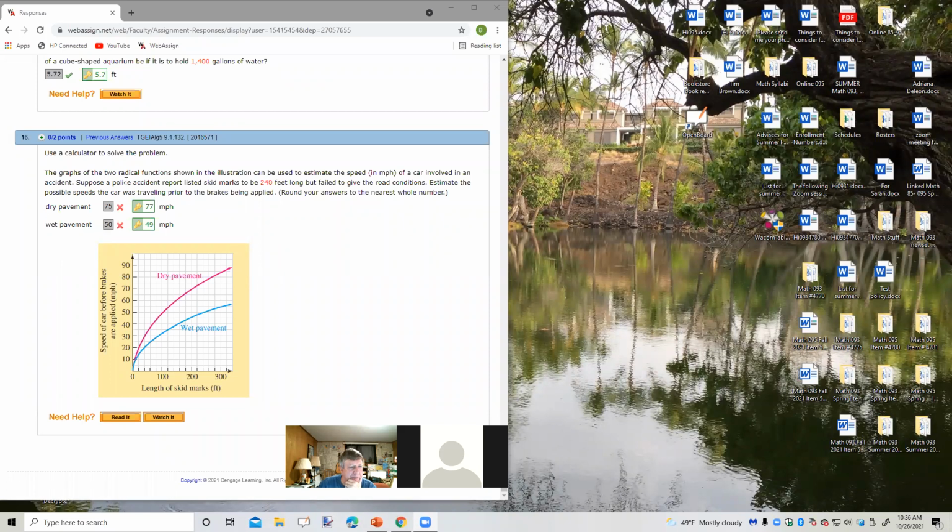The graphs of 2 radical functions shown in the illustration can be used to estimate the speed in miles per hour of a car involved in an accident. Suppose the police accident report lists skid marks that are 240 feet long, but failed to give the road conditions. Estimate the possible speeds the car was traveling prior to the brakes being applied. Round your answer to the nearest whole number.